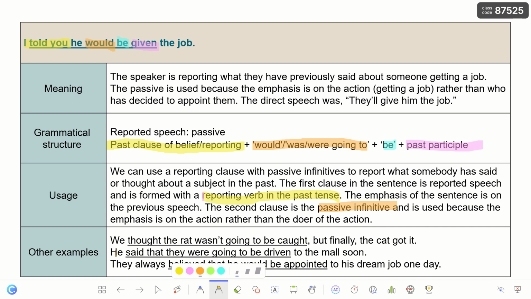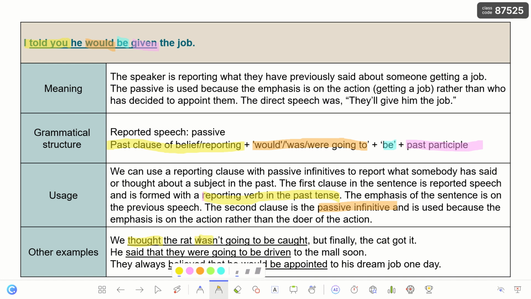Look, other examples. We thought that the rat wasn't going to be caught, but finally the cat got it. We thought, this is the reporting. Oh, I need to use this one. So again, this is the reporting verbs.